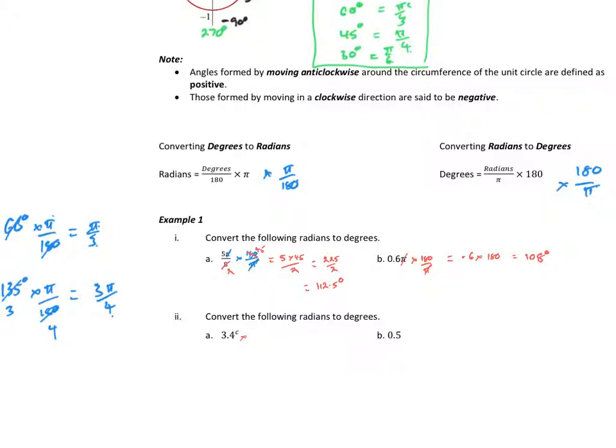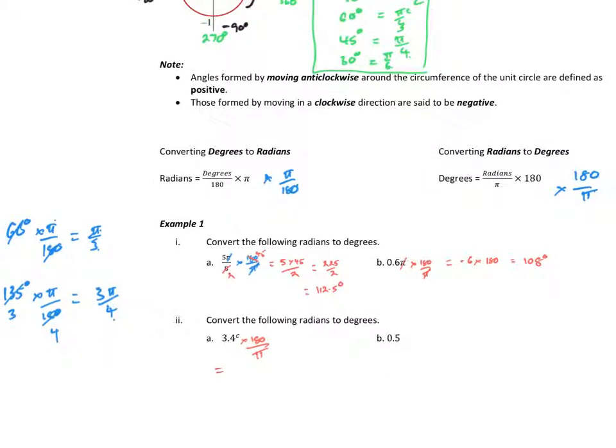So typically, to remember, I times by 180 over pi. So 3.4, well, it's just a smidgen bigger than 3.14159, which is pi. So this answer is just a little bit bigger than 180 degrees.